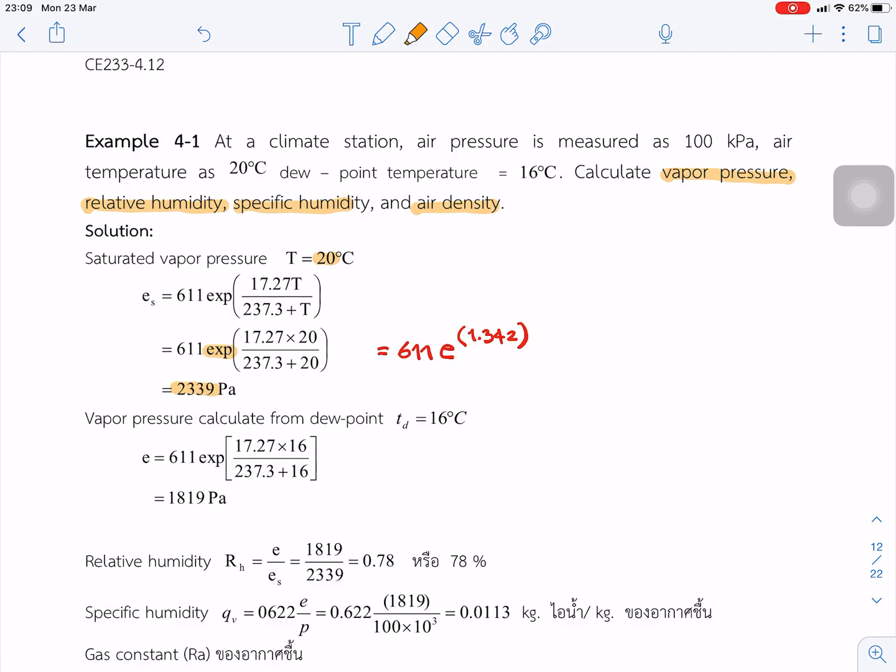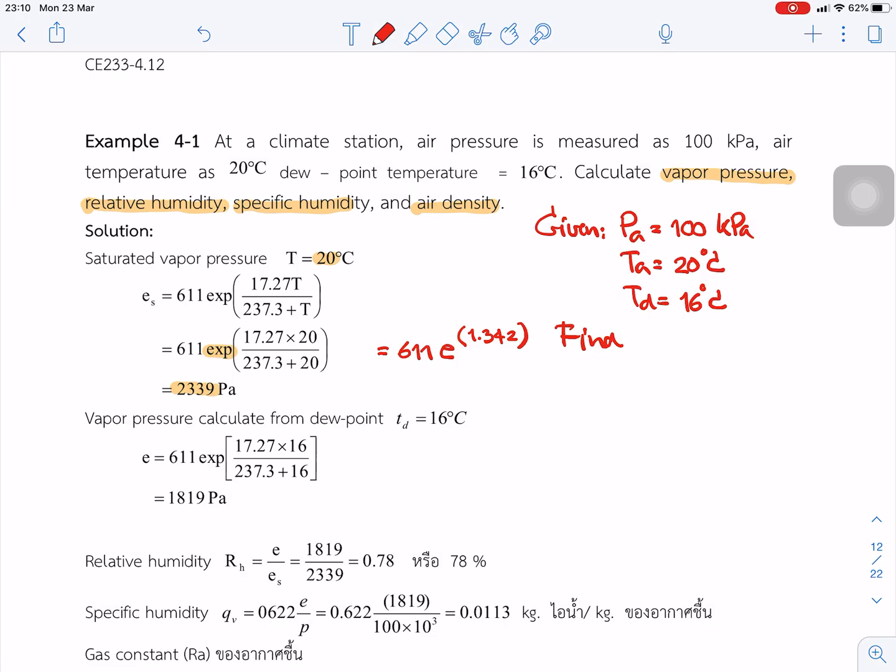We identify the parameters and numbers. First, P, the pressure of the air, is 100 kilopascal, the temperature of the air is 20 degrees C, and the dew point temperature is 16.